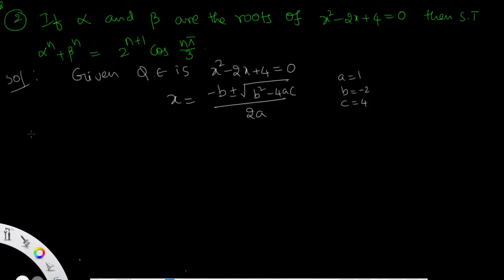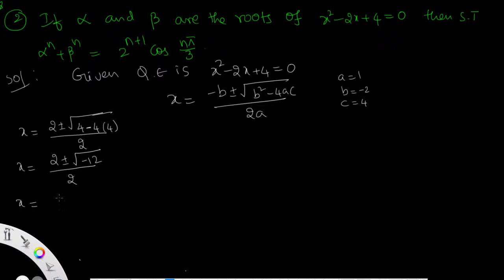Then substitute. So x equal to 2 plus or minus root over 2 square means 4, minus 4 into 1 into 4 means 16, by 2a, 2a means 2. That is why we have 4 minus 16, nothing but minus 12, by 2.